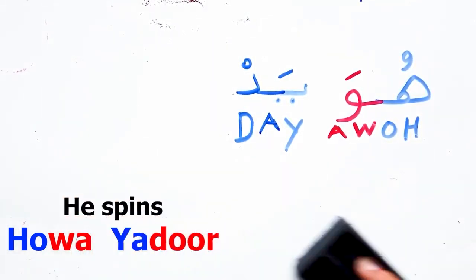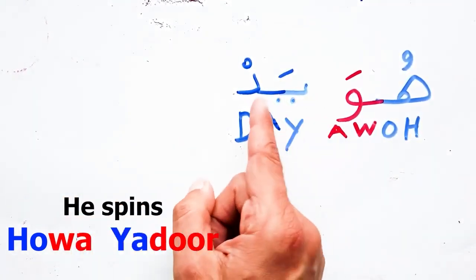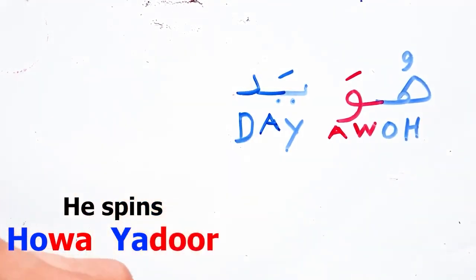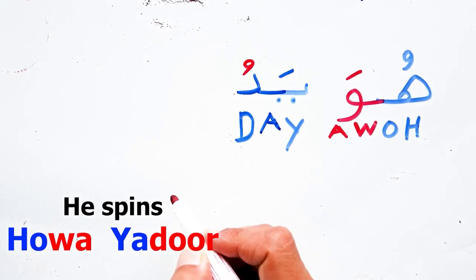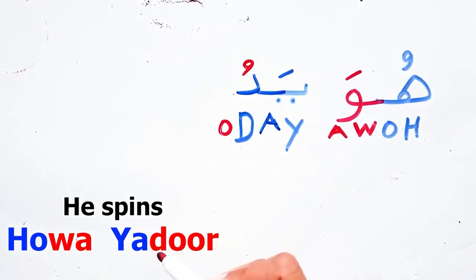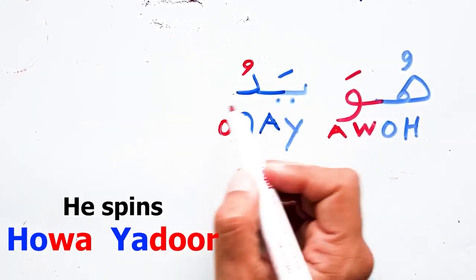So let's remove this part. I'm gonna add here يدو. So we have the sound of dhamma here. يدو. We have the sound of O. But now it's another syllable.